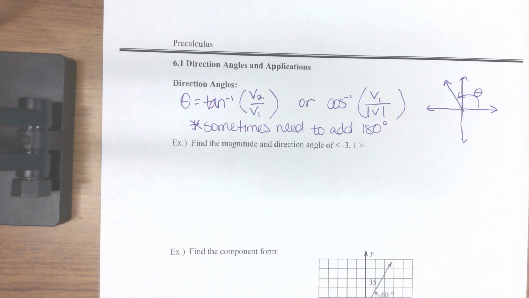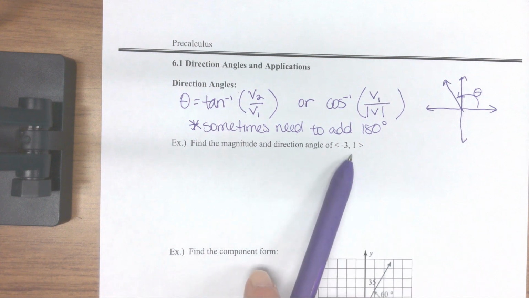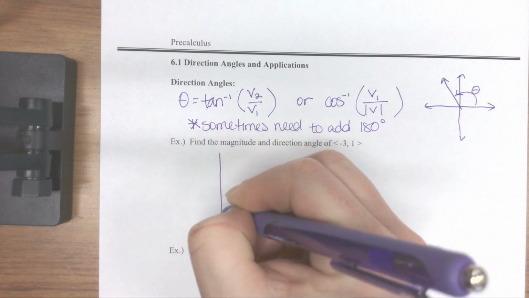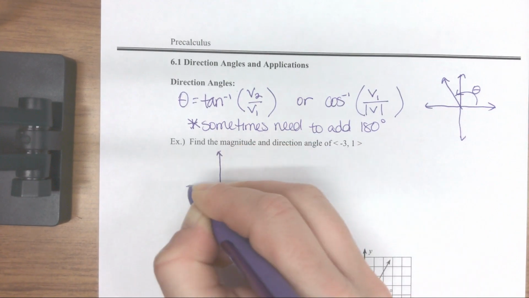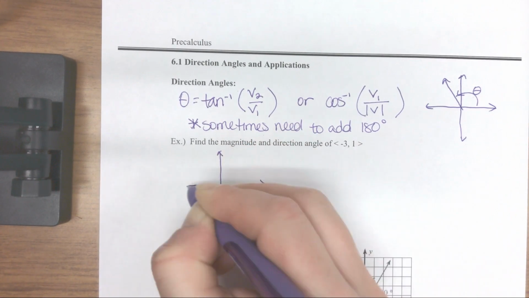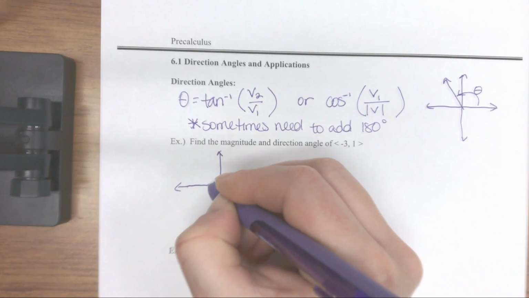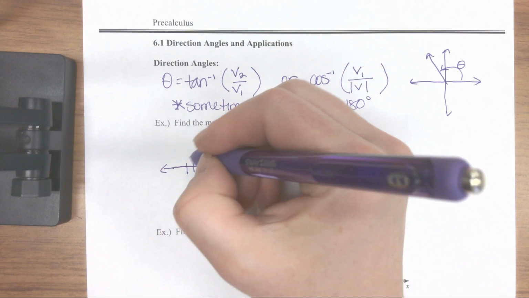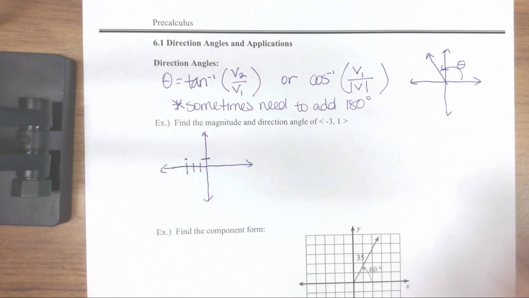Okay, we just did an example like this, right? So we're going to find the magnitude and direction of the vector -3, 1. I like to sketch my vector. So this just means that's the terminal point there.